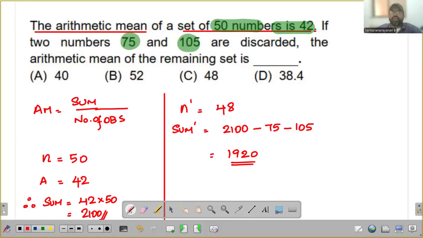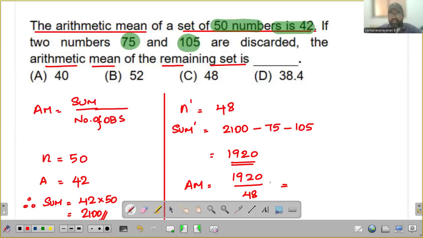Now you are asked to find the arithmetic mean of these remaining set of numbers. What is that arithmetic mean? Sum of observations upon number of observations. 50 minus 2, it is 48. So that fetches you the revised arithmetic mean.